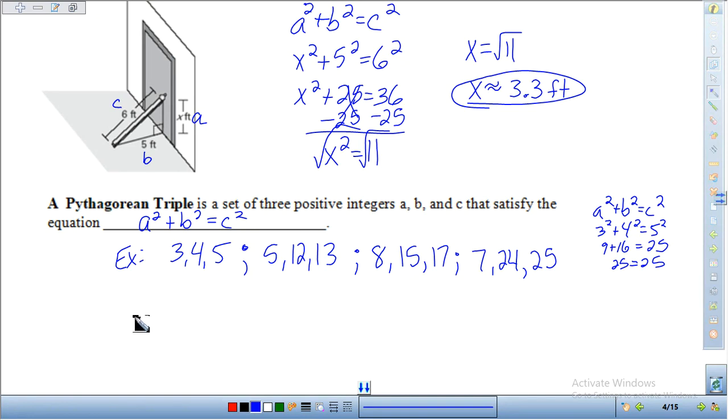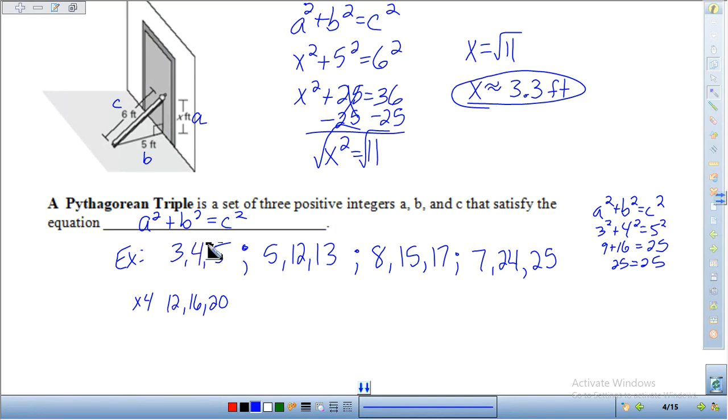We could also form other Pythagorean triples using these base triples. So for instance, if I took a 3, 4, 5 triangle, if I multiplied all those measurements by 4, we would come up with the lengths of 12, 16, and 20. If you plug them into the Pythagorean theorem, you will find out that both sides will be equal to 400.